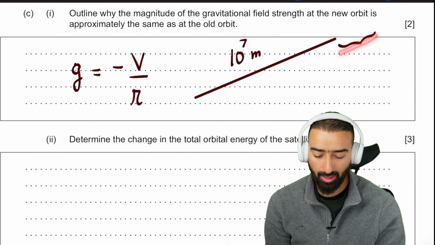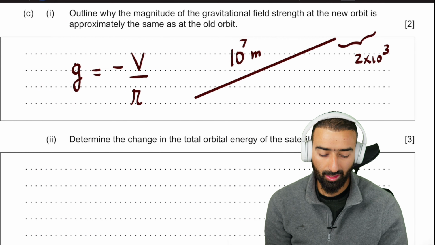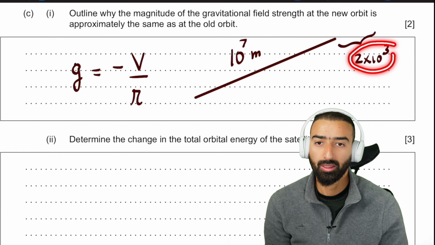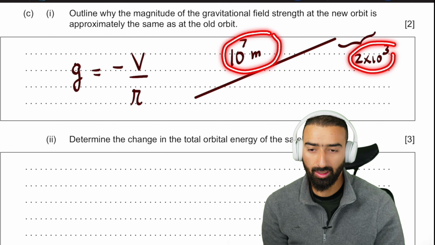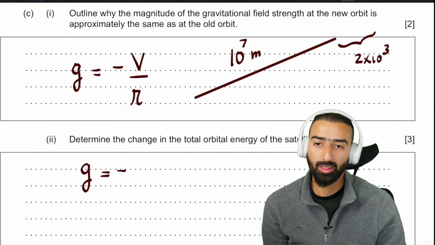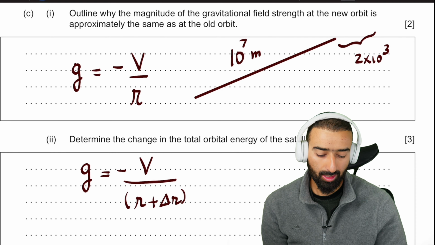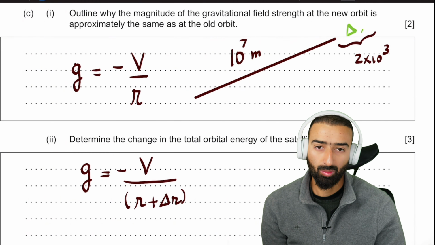The new additional amount is 2 into 10 to the 3. This is negligible compared with the original radius, meaning the equation for gravitational field strength could be written precisely as r plus delta r. The delta r is this section over here.